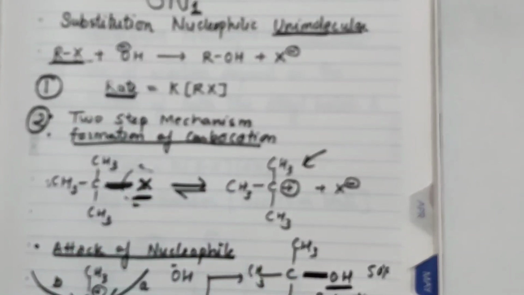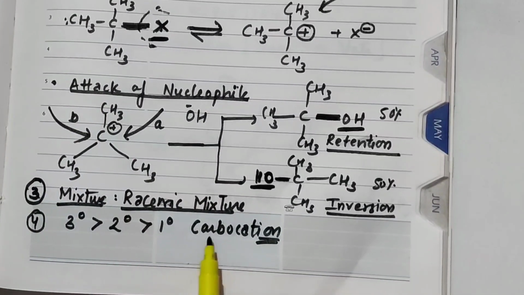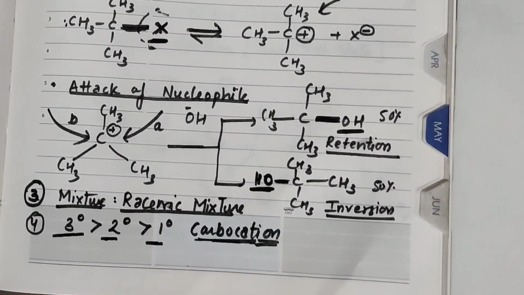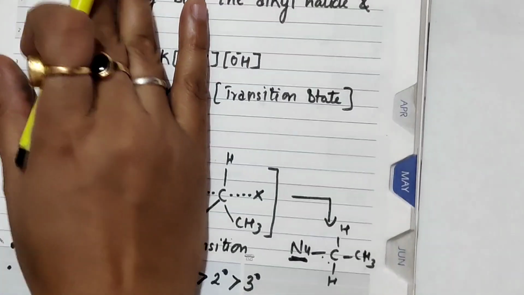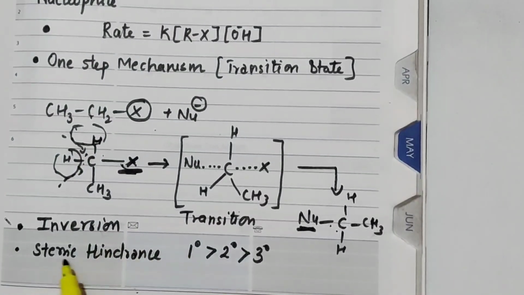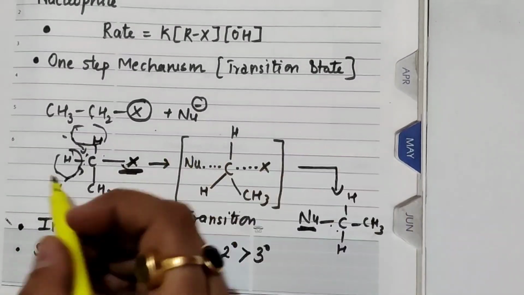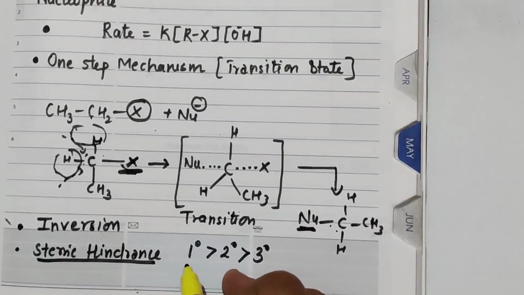So in the case of the SN1 mechanism, it is controlled by the carbocation. So reactivity is 3 degree greater than 2 degree greater than 1 degree. Whereas in the case of the SN2 mechanism, it is controlled by steric hindrance. The lesser the steric hindrance, the greater the reactivity. So there is less steric hindrance in the case of 1 degree, then 2 degree, then 3 degree.